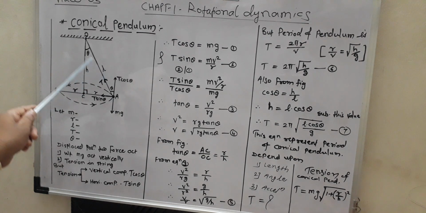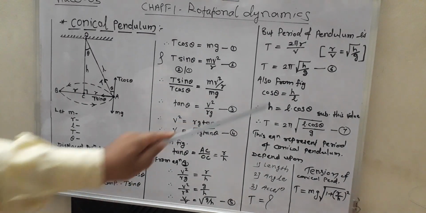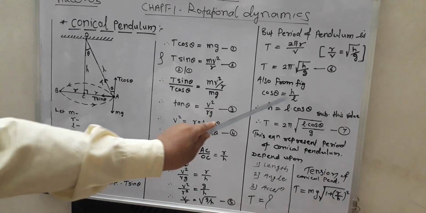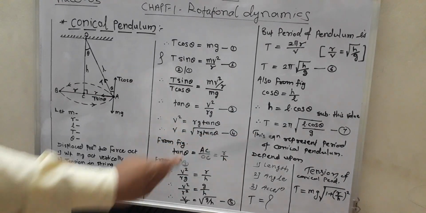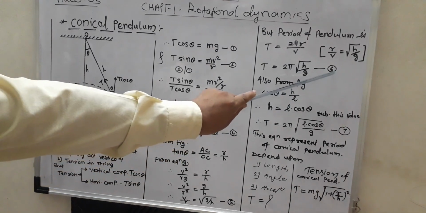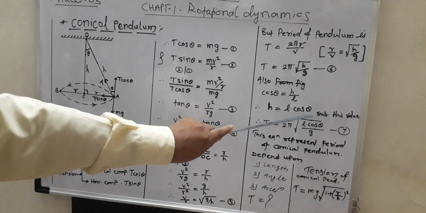Therefore, H upon L is cos theta. So cos theta is equal to H upon L, and taking L to the other side, H is equal to L cos theta. Substituting this value of H, L cos theta, in the above equation number 6.